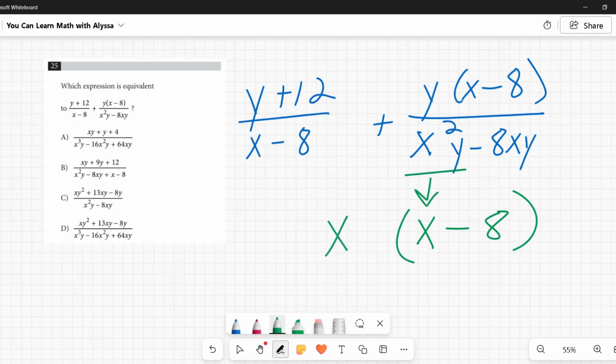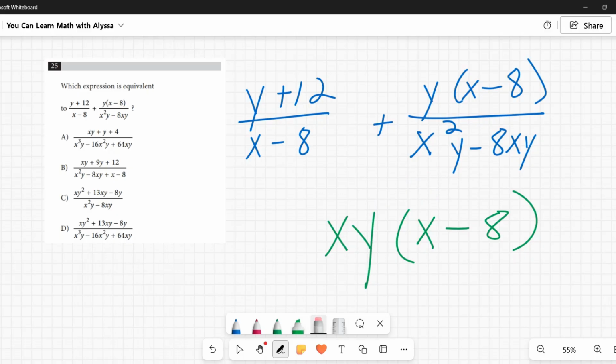I would need 1x. x times x is x², going backwards. And I would need a y, because y times 1 is y. So x times xy would get me to x²y. All right, does negative 8 times xy get me to negative 8xy? It does. So okay, xy it is.